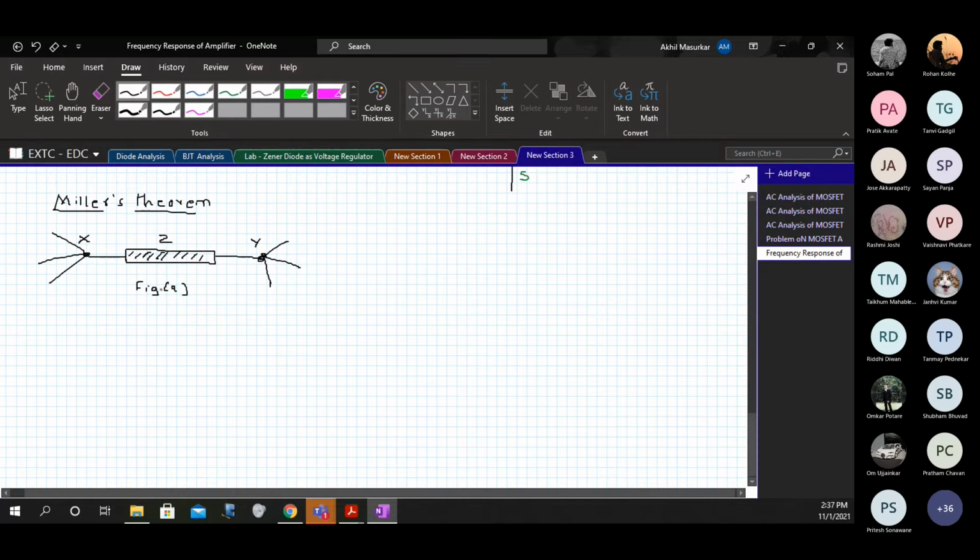So we can convert this figure A to figure B. We can do this.